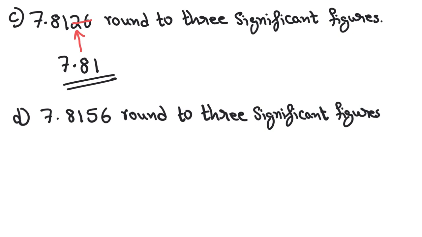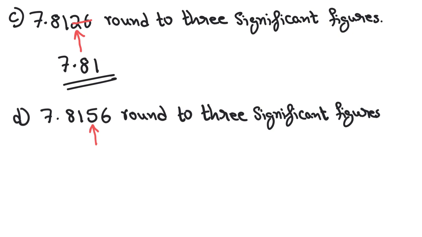Okay, 7.8156, round to 3 significant figures. This is the first significant figure, second significant figure, third significant figure. Because we have to round to 3 significant figures, where do we look? We will look at the fourth significant figure. Now, is this digit 5 or more than 5?